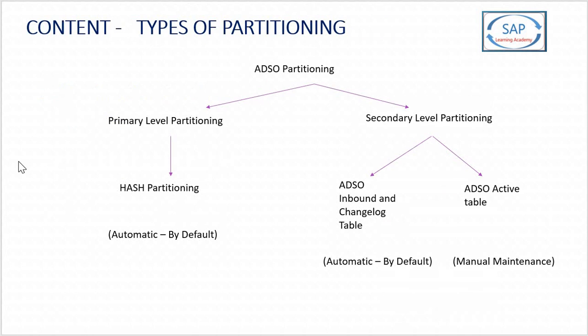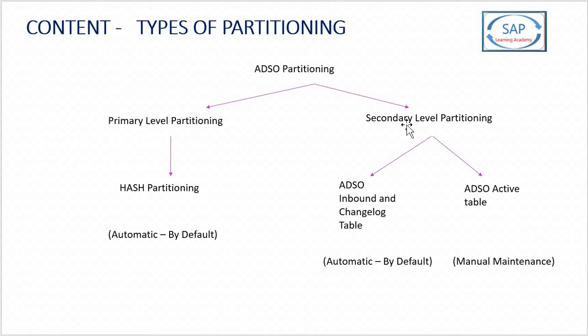Now we are coming to the types of partitioning. As I said, this tutorial is for ADSO partitioning, so we have type 1 and type 2, that is primary level partitioning and secondary level partitioning. In the primary level partitioning we have hash partitioning, which is mostly automatic by default, and it is generated at the time of activating the ADSO.